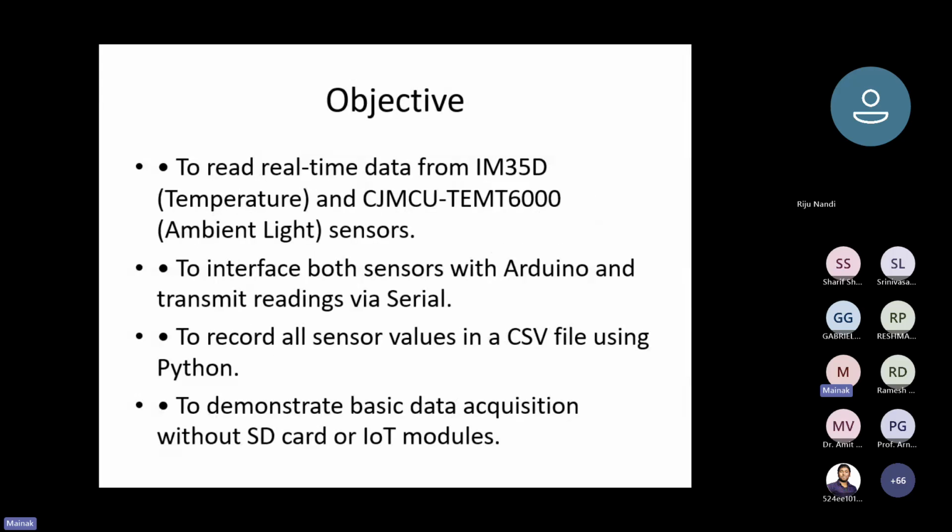The first objective is to read real-time data from the temperature sensor and the ambient light sensor for the EDNs. Next, to interface both sensors with Arduino and transmit the readings via serial port. Next objective is to record all the sensor values in a CSV file using Python. Then we'll demonstrate basic data acquisition without an SD card, and for future use we can use an SD card or IoT modules.